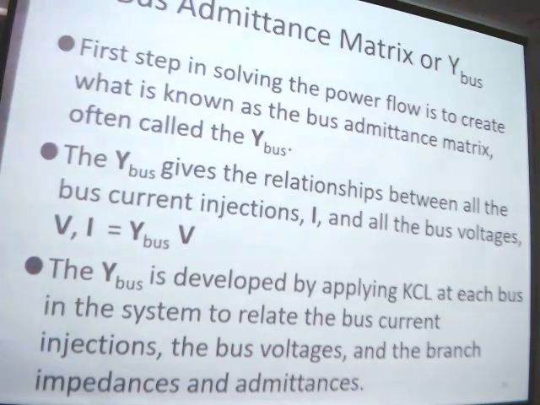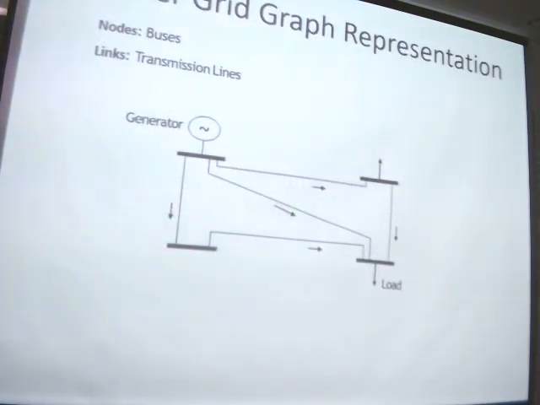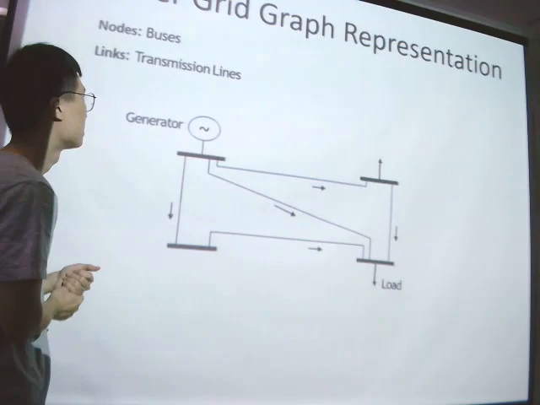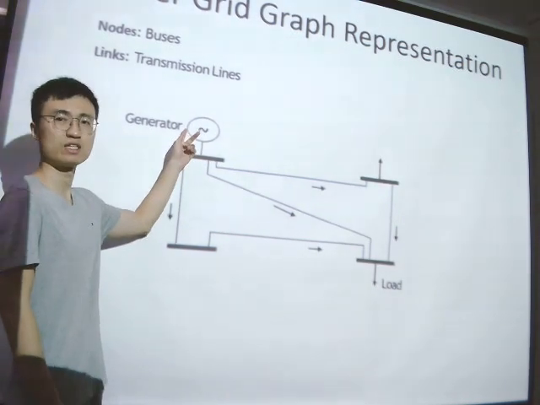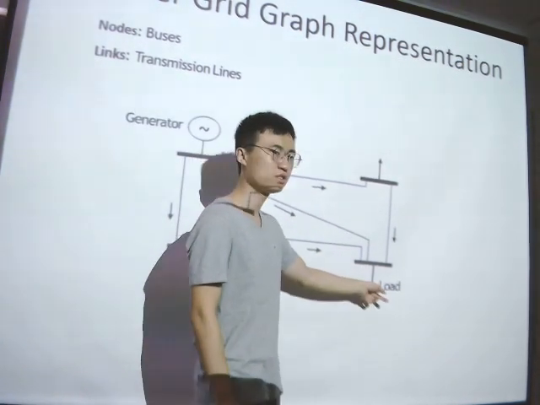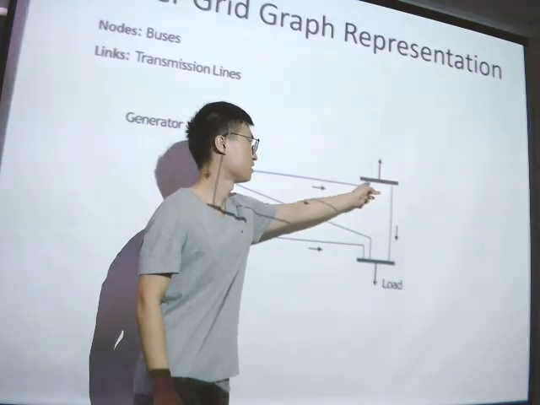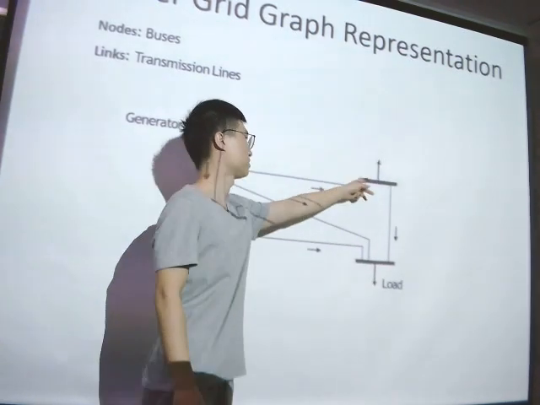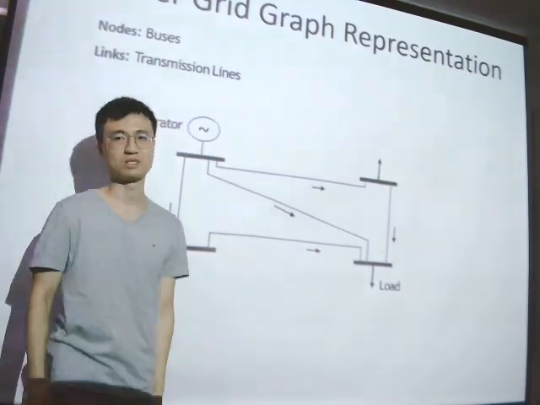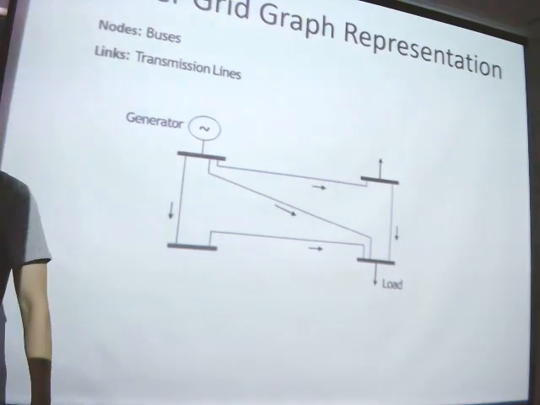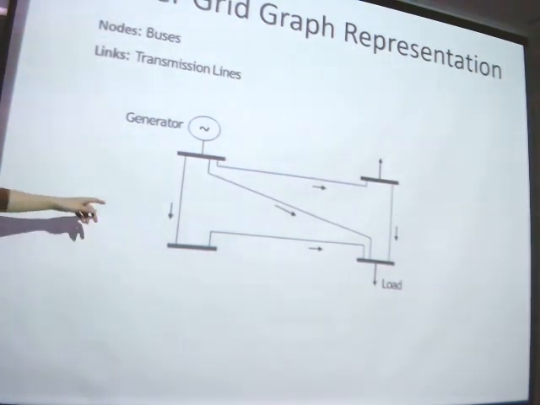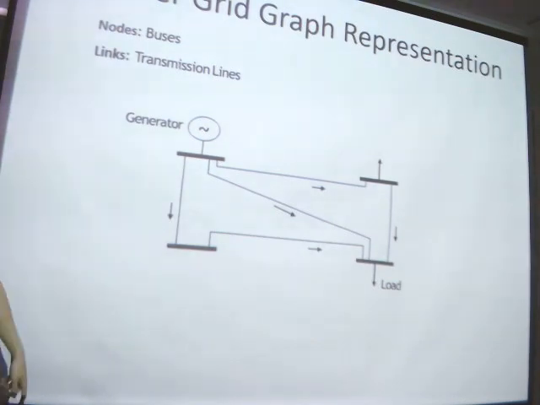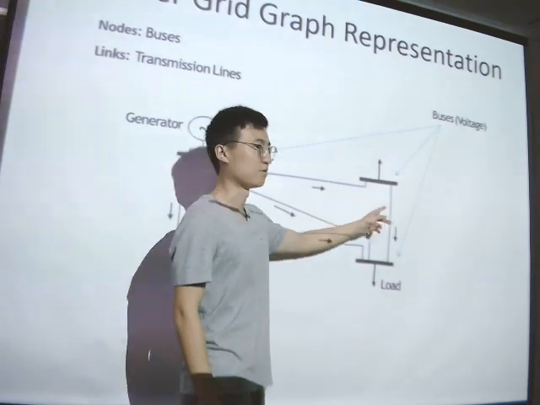Here is our brief graphic presentation with the generators, and here are the nodes: nodes 1, 2, 3. There will be 3 power flows here. We call the nodes buses, and we coordinate the buses with the voltages.